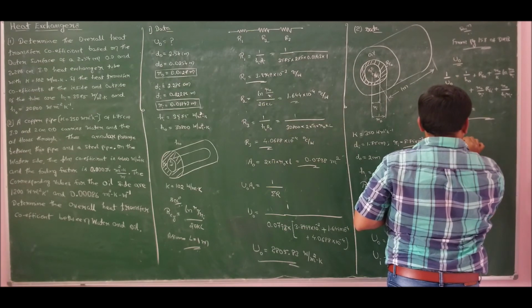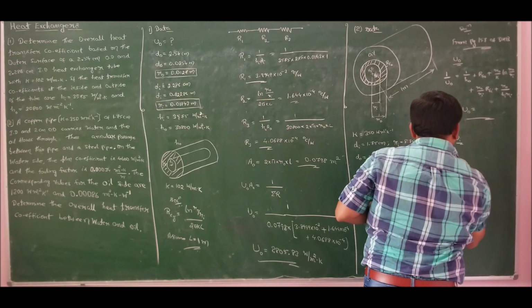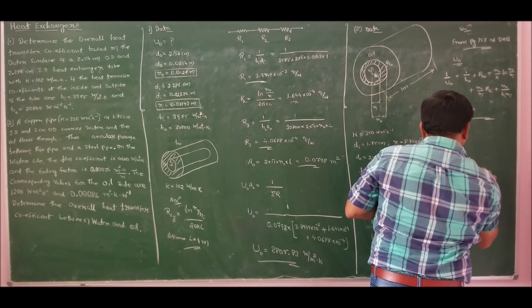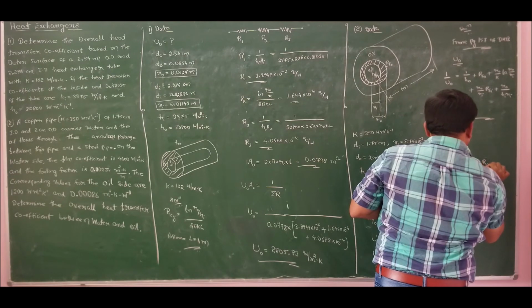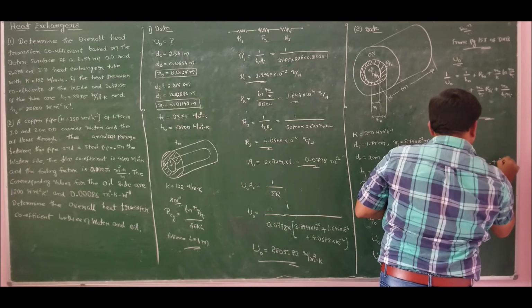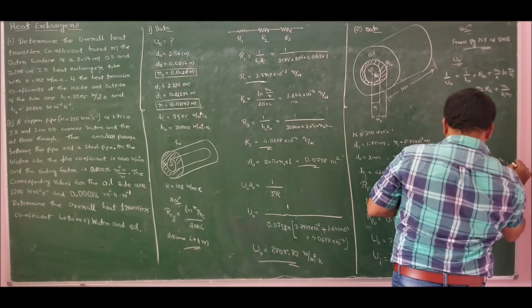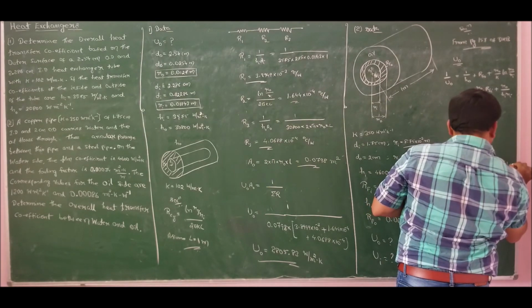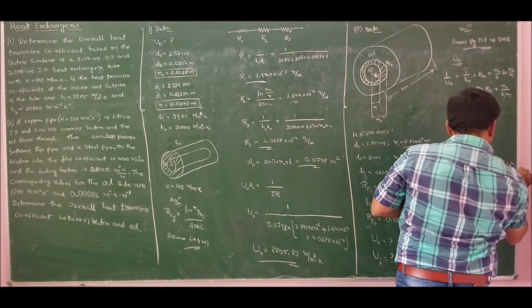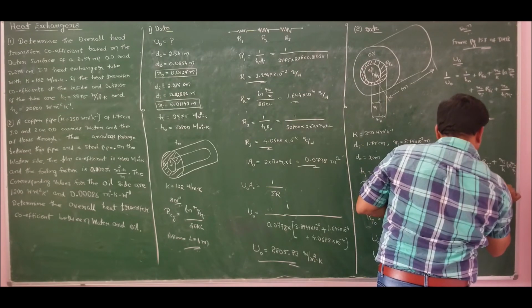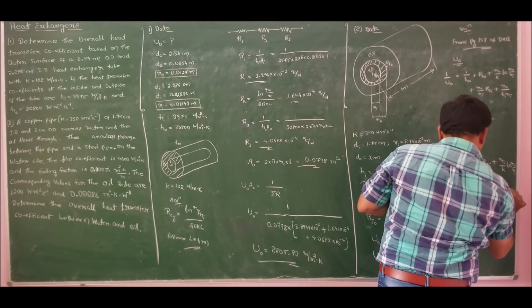Similarly, to find Ui, we have the formula 1/Ui = 1/hi + RFi + (Ri/k) ln(Ro/Ri) + (Ri/Ro) RFo + (Ri/Ro)(1/ho).